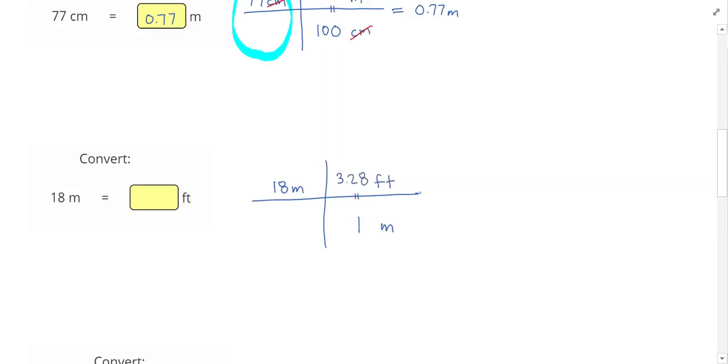So the 3.28 will go with the feet on the top. Again, I put meters on the top and bottom to cancel it out. So 18 now times 3.28 gives me 59.04. I could keep that whole thing or just the first 3 significant figures. I'm going to go with 59.0 feet.